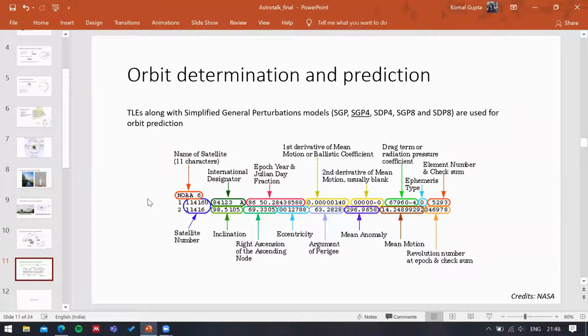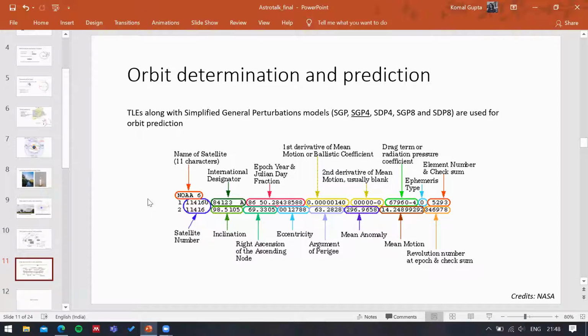They can only be used with a particular model, which you can think of as an integrator, which takes these elements, the time at which these elements were defined, and a time value in the future as inputs, and it gives you the two-line element at that future time value.